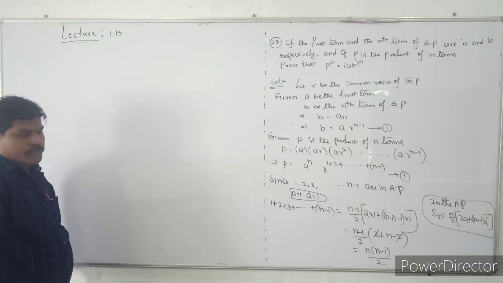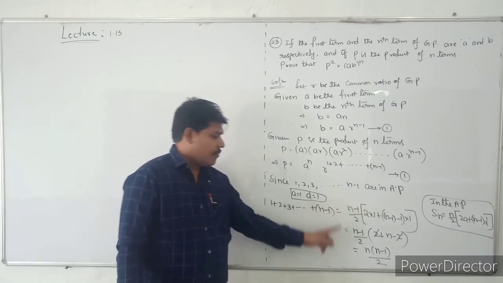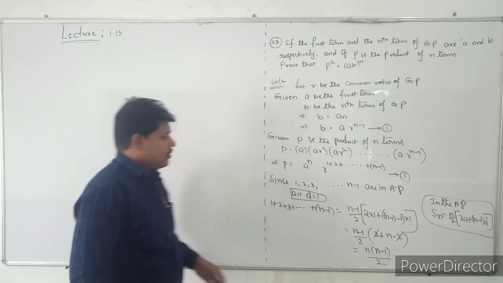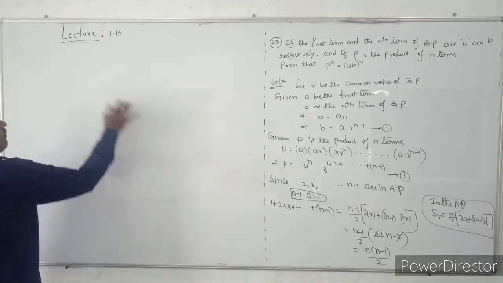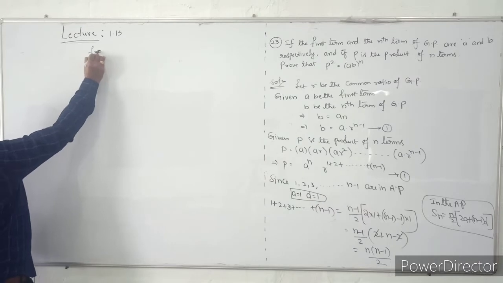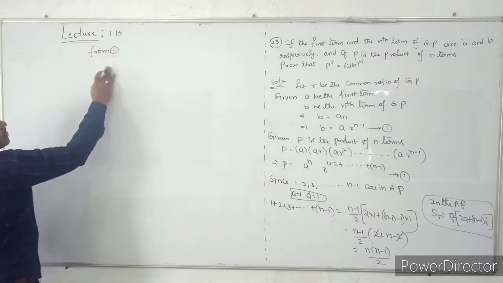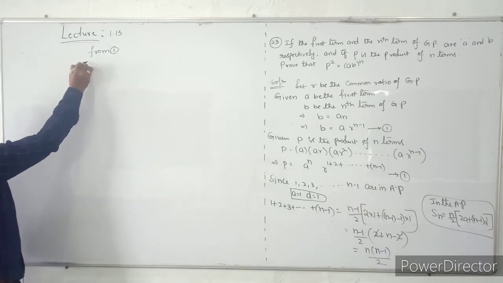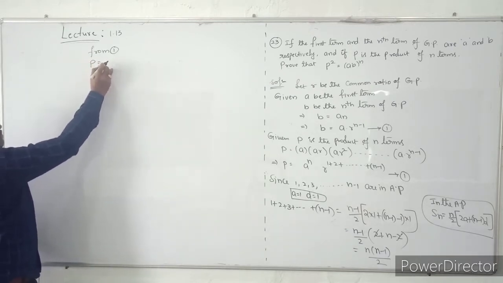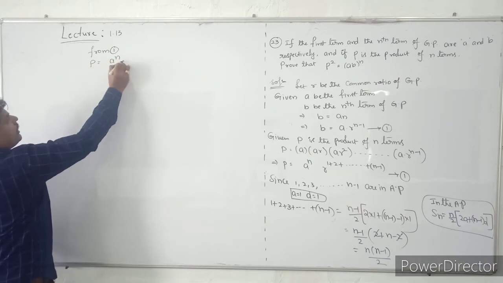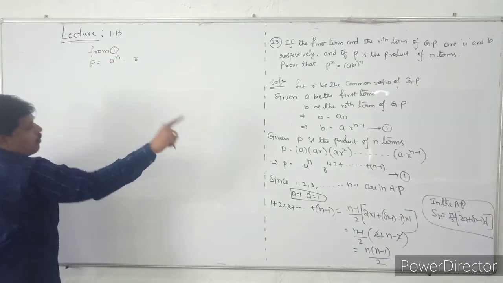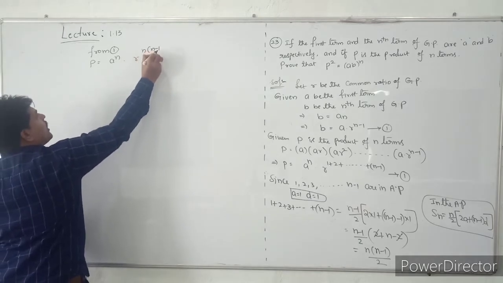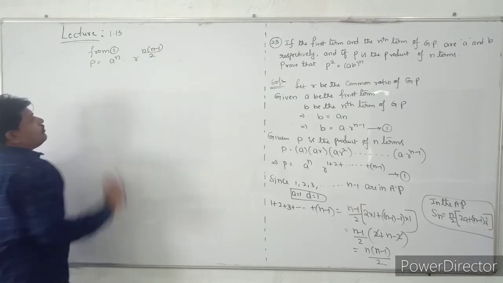All understood, students? So 1 plus 2 plus 3 and so on up to n minus 1 has the value n into n minus 1 by 2. From equation 1, P is equal to a power n into r power 1 plus 2 plus 3 and so on up to n minus 1, which is n into n minus 1 by 2.